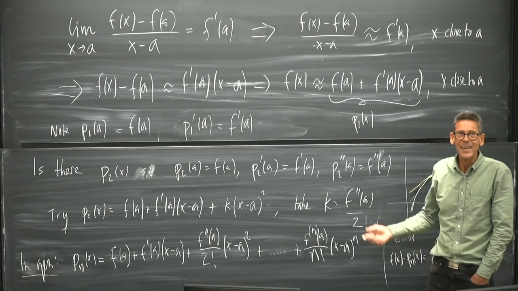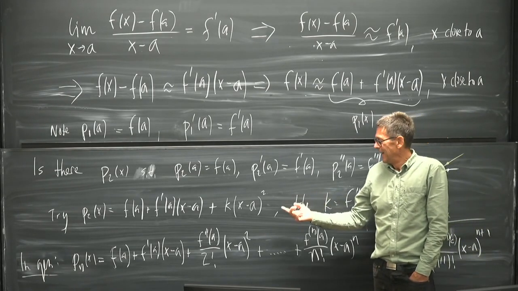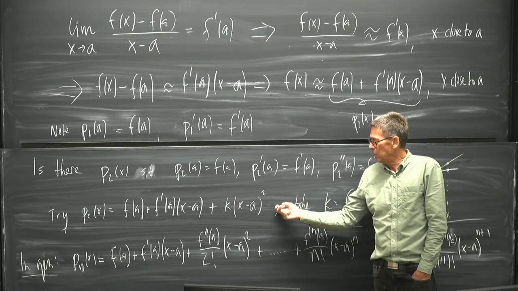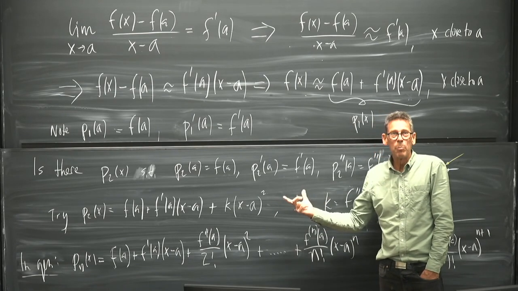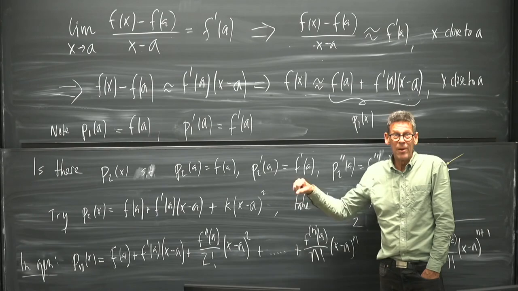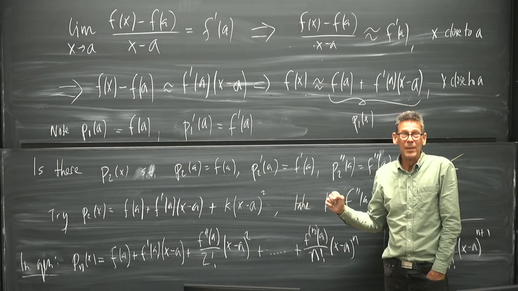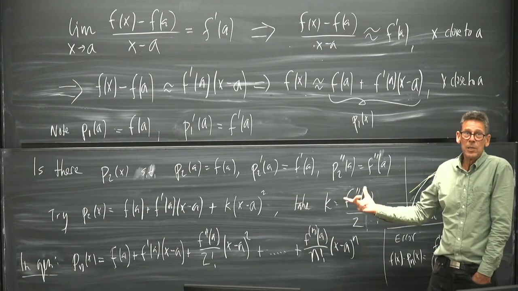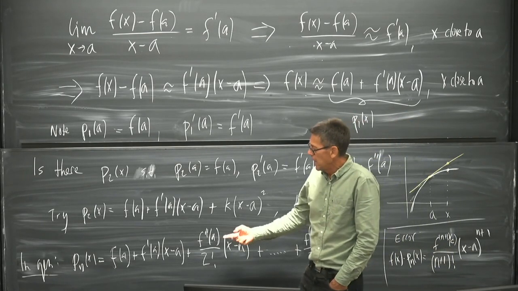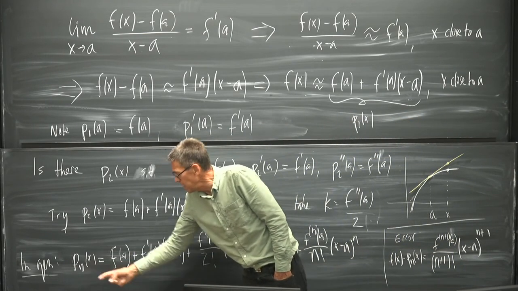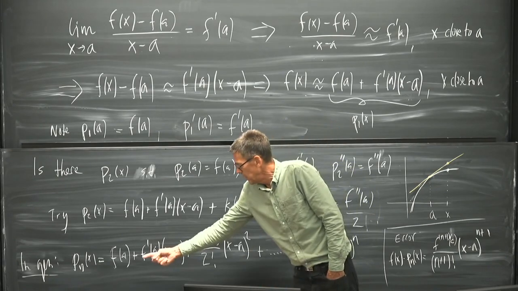So it's obvious that we would want to continue here and construct a third degree polynomial that is even better, and a fourth degree polynomial, and so on. And we can continue this process in the same manner. And if we do it n times, we get a polynomial of degree n that is constructed this way.